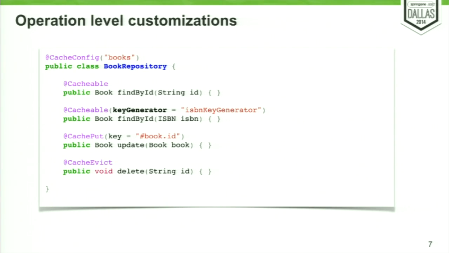Now you can specify that either at class level, so you can specify the key generator and the cache manager in the CacheConfig annotation we just saw, or you can even tune it down to the operation itself. So you can really now fine-tune declaratively what you want to use, how you want to customize the cache aspect.